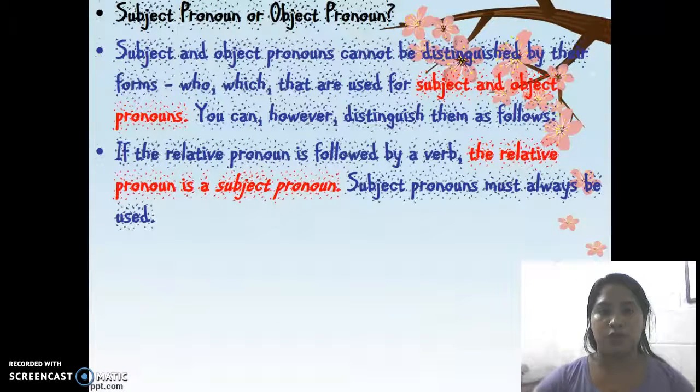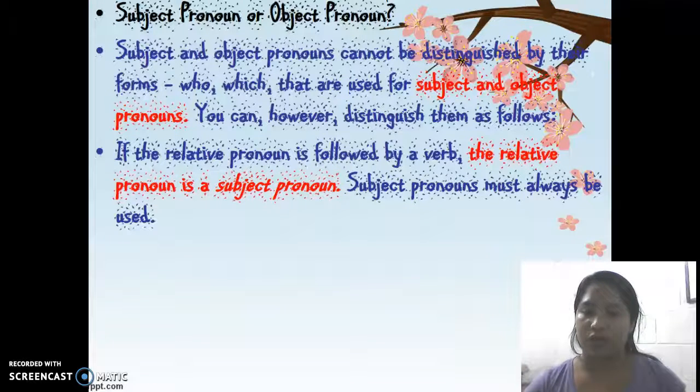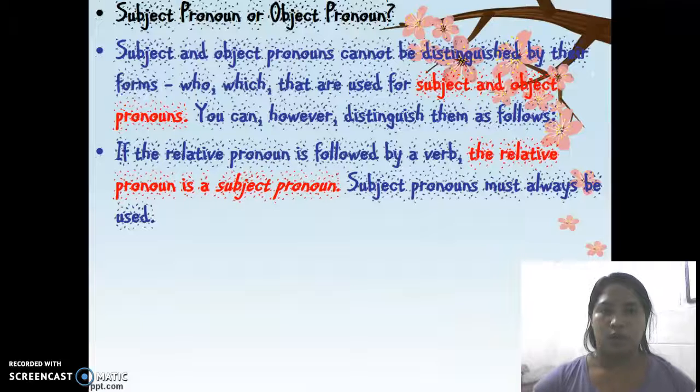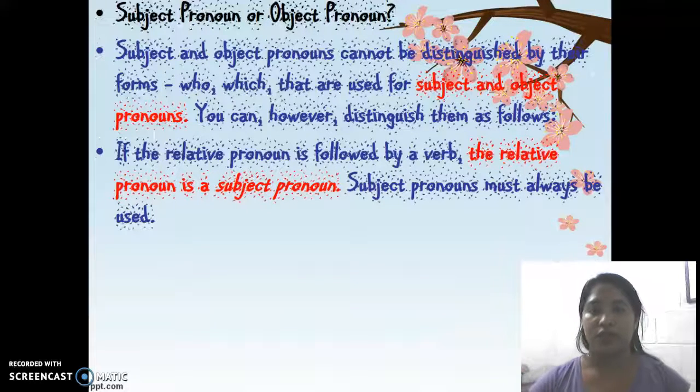We have to distinguish what is a subject pronoun and an object pronoun in noun phrases containing relative clauses. Subject and object pronouns cannot be distinguished by their terms, who, which, that are used for both. You can, however, distinguish them as follows.